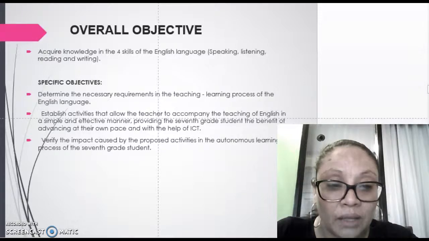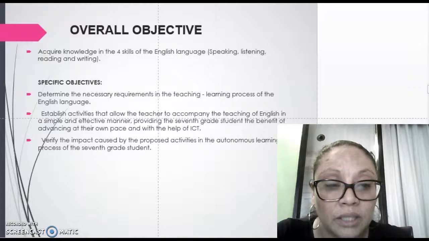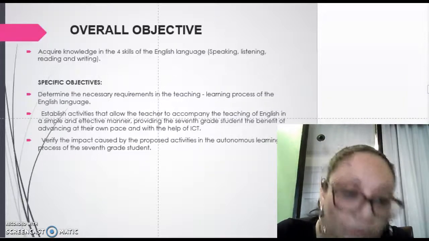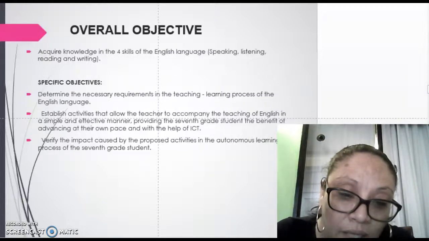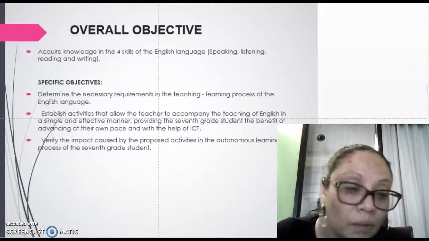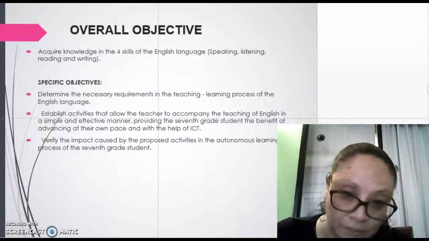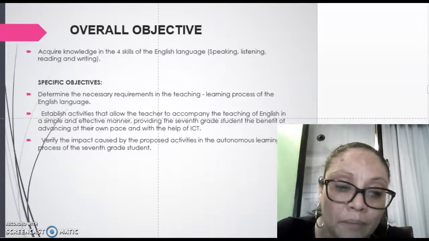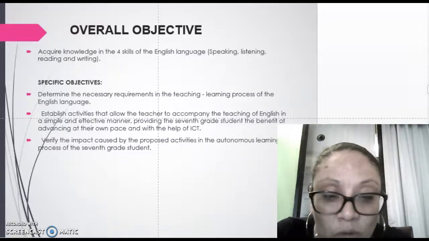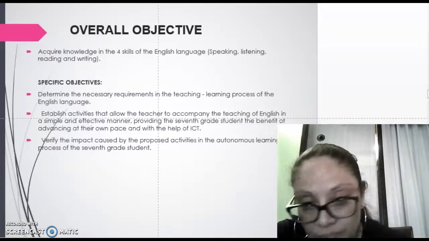Establish activities that allow the teacher to accompany the teaching of English in a simple and effective manner, providing the 7th grade student the benefit of advancing at their own pace and with the help of TICs. Verify the impact caused by the proposed activity in the autonomous learning process of the 7th grade student.